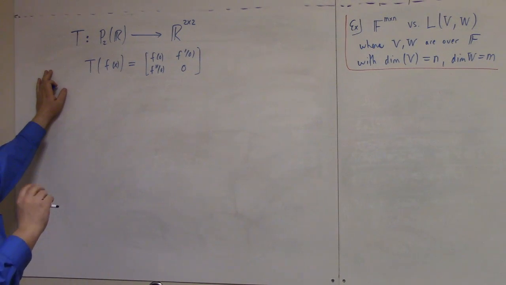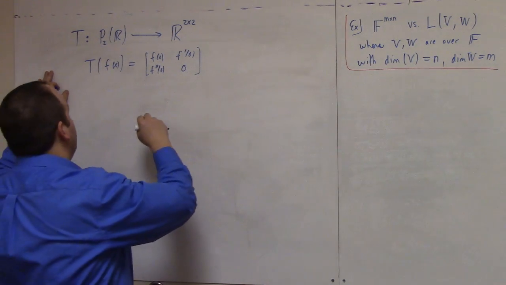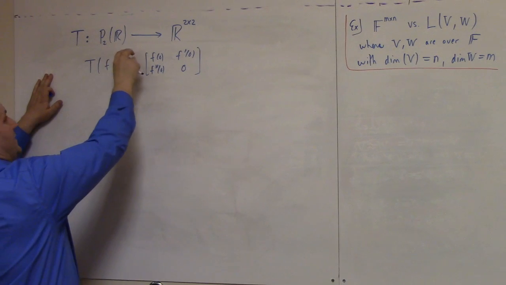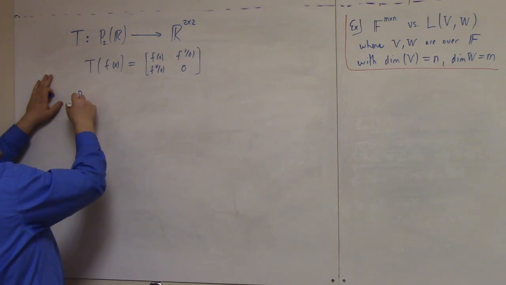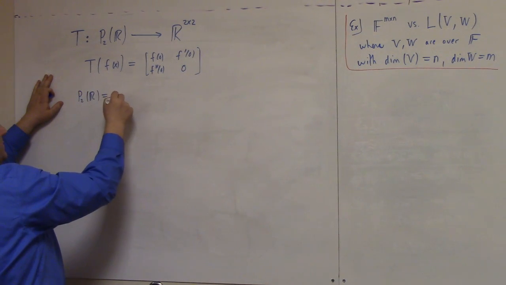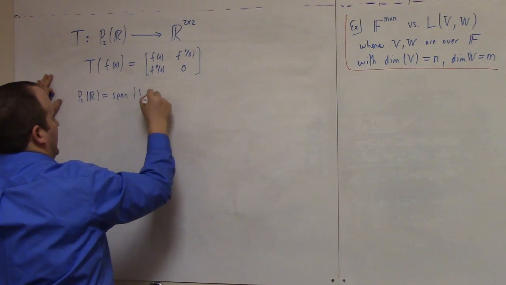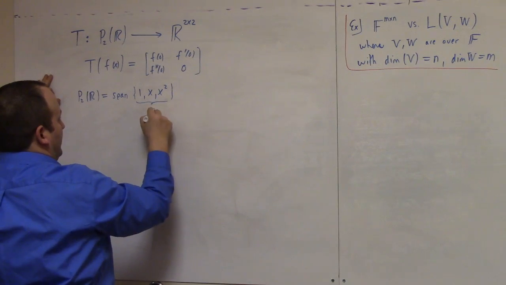There's a standard technique for doing this. Let me show you. What you've got to do is pick a basis for the domain and a basis for the range. So here I'm going to make a choice. P2R, I'm going to say is the span of, let's say, 1, x, and x squared. I'm going to use this as the basis, so-called beta.